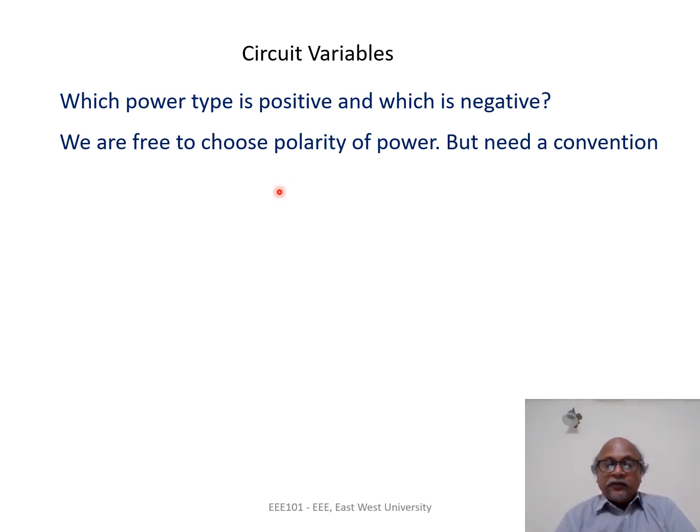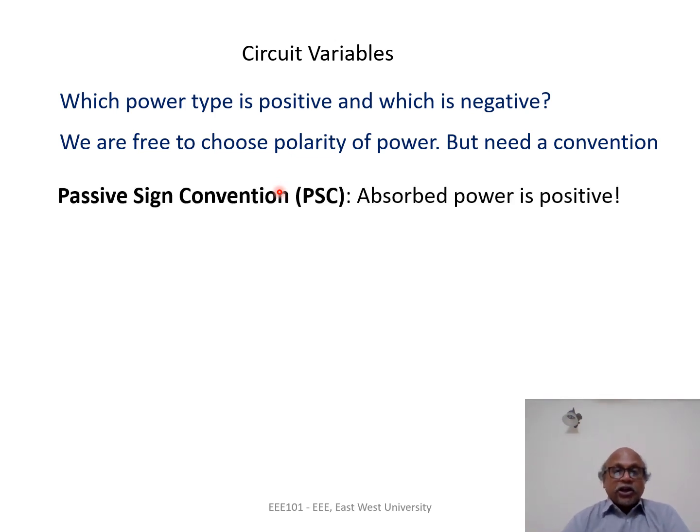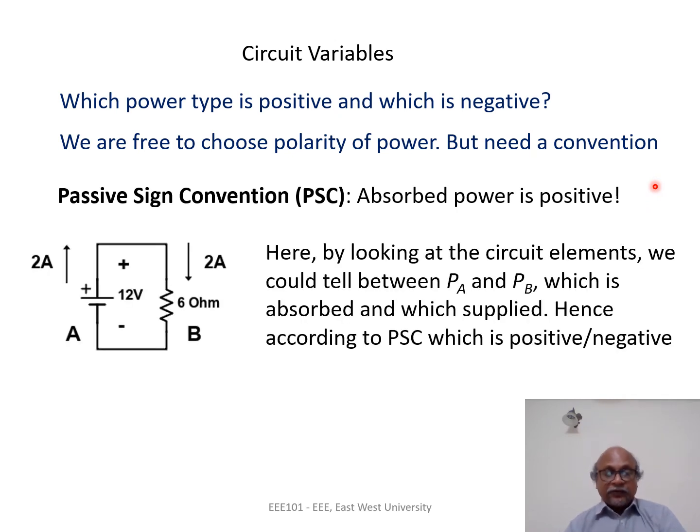To avoid confusion, we will adopt a convention. The convention is known as passive sign convention, and according to passive sign convention, absorbed power is positive. So we will follow passive sign convention, which says absorbed power is positive or supplied power is negative.